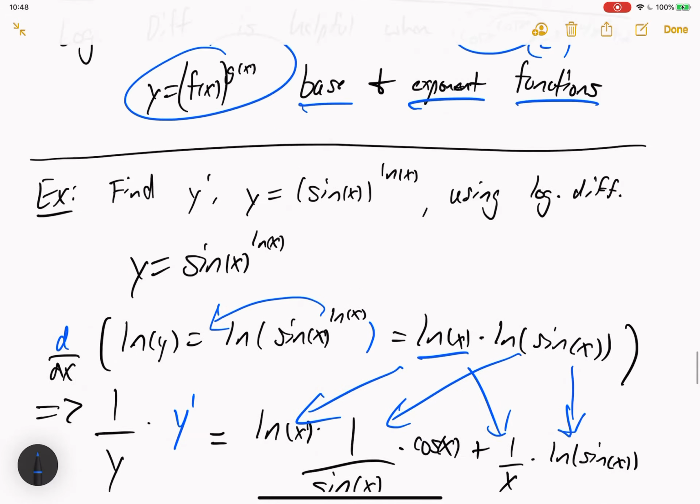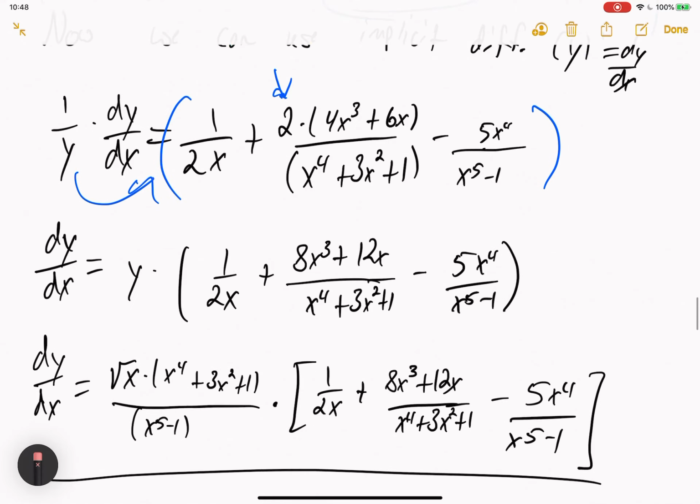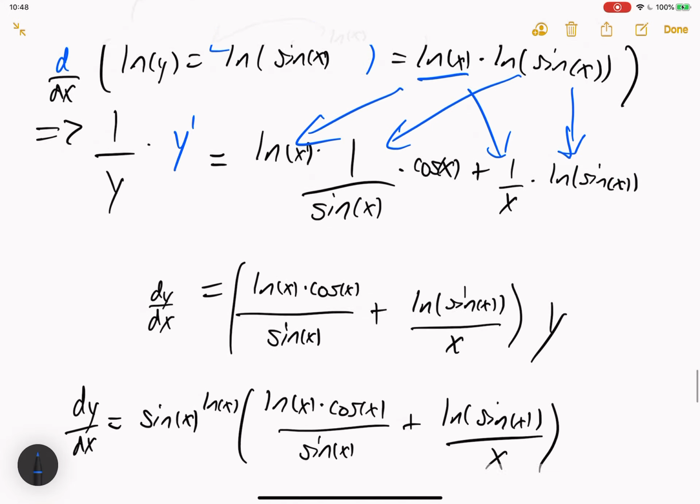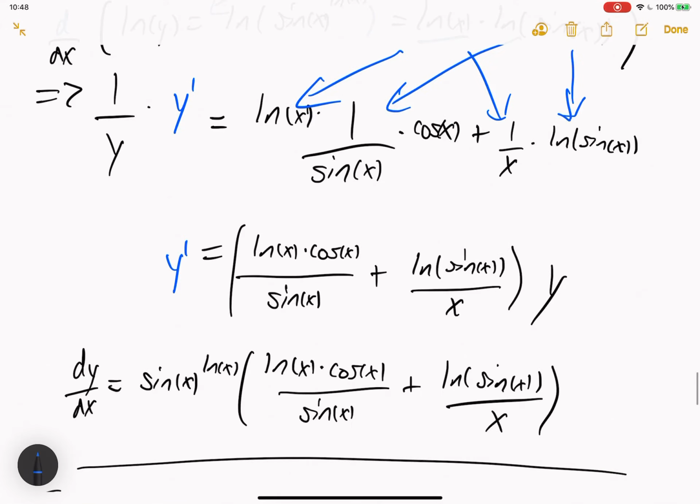And likewise, in this step right here we still had this y. We had 1 over y, so we moved it over, and then we're going to substitute it back in. So we get y prime is equal to, move the y over. I just put it right here.